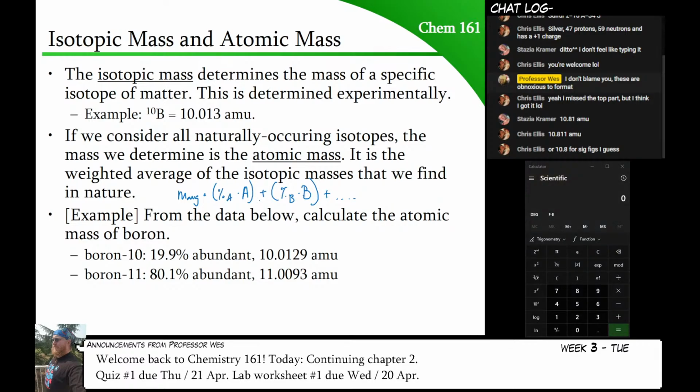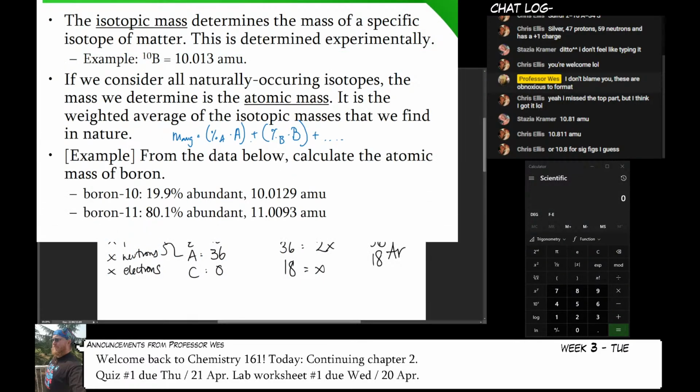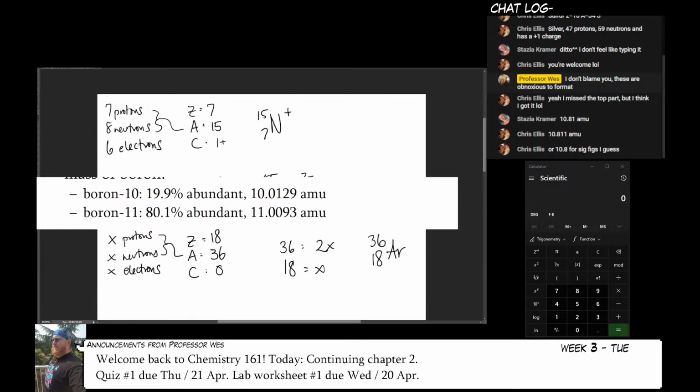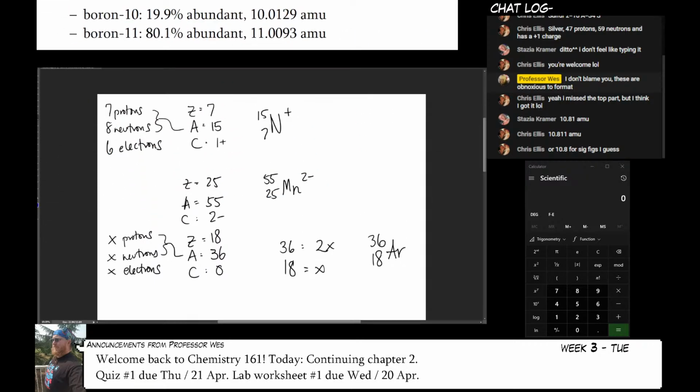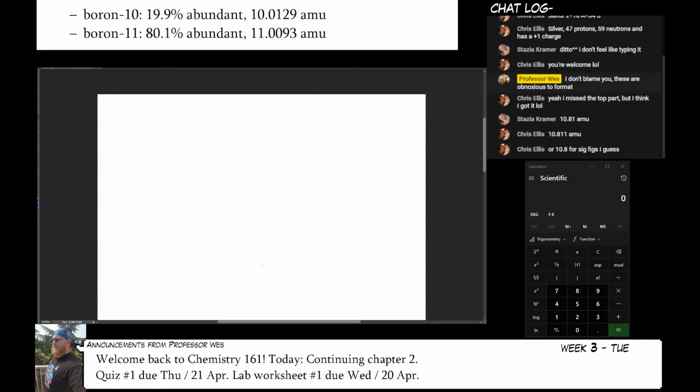All right. So let's go over here. Let's write the formula down again. The average mass is equal to the percentage of the first thing, which I'm going to call boron 10, times the mass of boron 10, plus the percentage of boron 11 times the mass of boron 11.